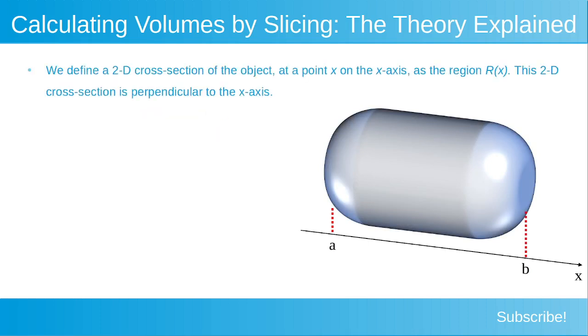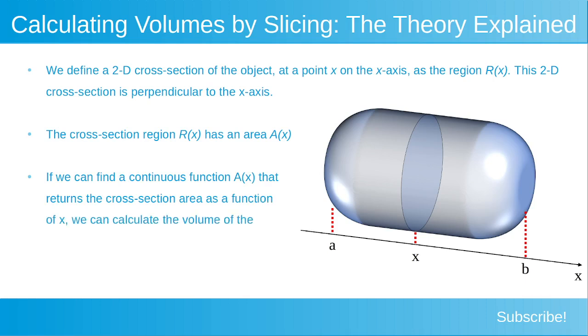We define a 2D cross-section of the object at a point x on the x-axis as the region R of x. This 2D cross-section is perpendicular to the x-axis. The cross-section region R of x has an area A of x.